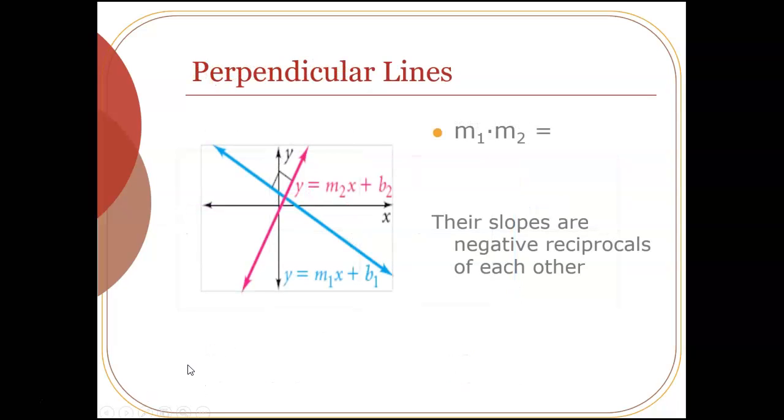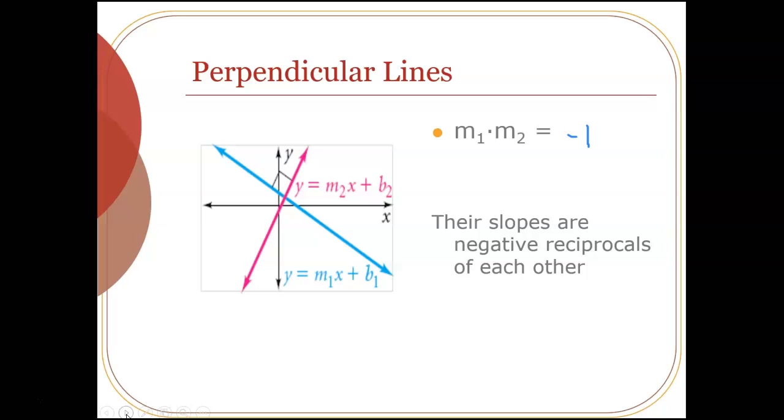We have parallel and perpendicular lines. Perpendicular lines are lines whose slopes are opposite reciprocals of each other. So when you multiply them together, they multiply to -1.